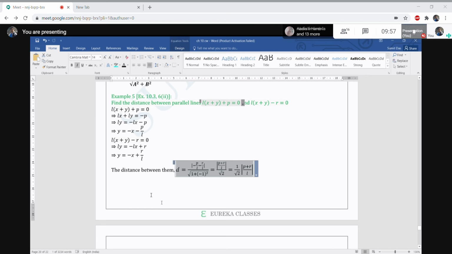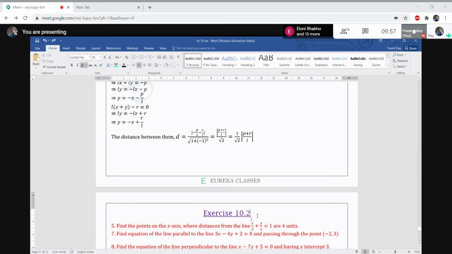Now, before going to the exercise problem, I'm mentioning a few things. This is the last part of this chapter, because after 10.3 there is no part that will come for the exam. NCERT already deleted it. So it is your last topic.